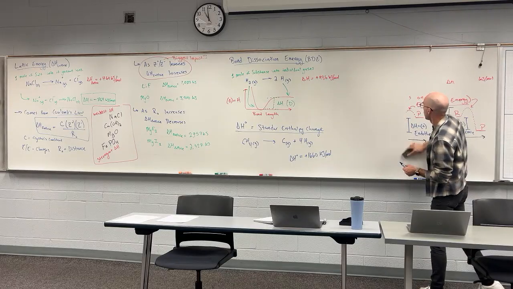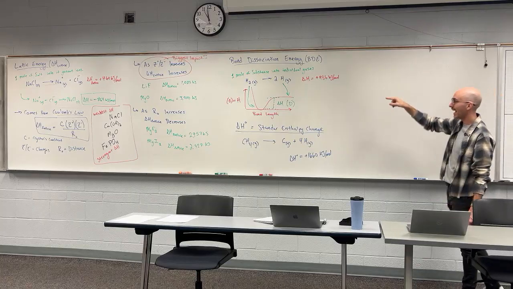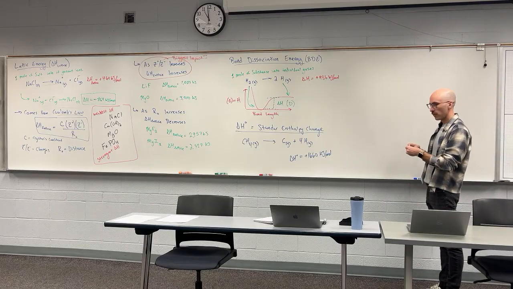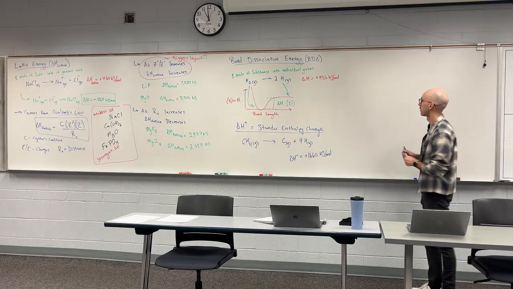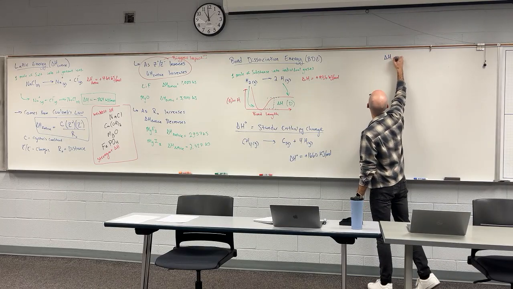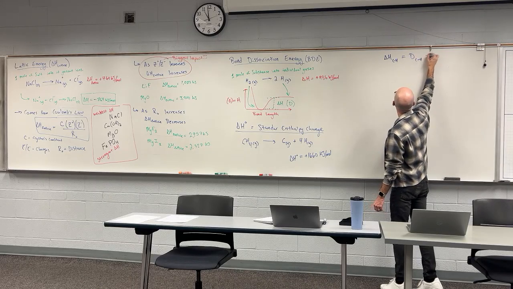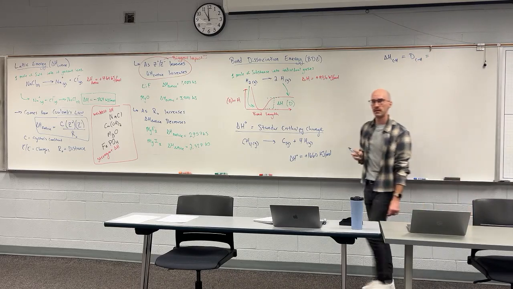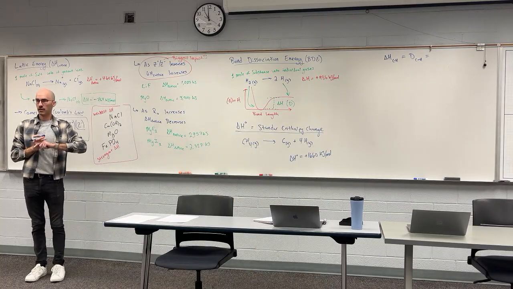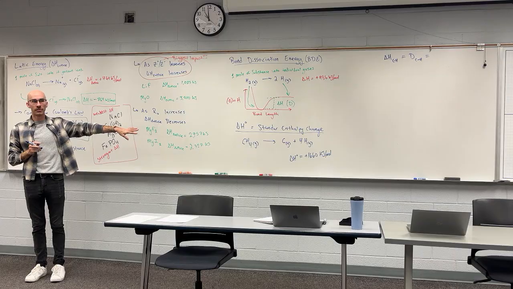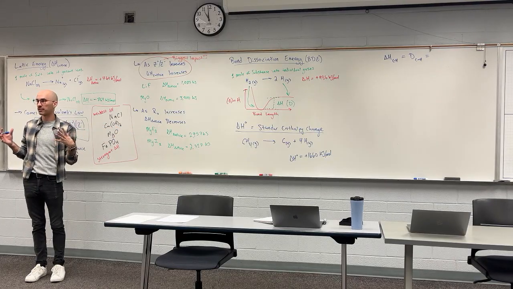What is the bond dissociation energy, or delta H, for one CH bond? It took 1,660 kilojoules to break all 4 of the CH bonds.